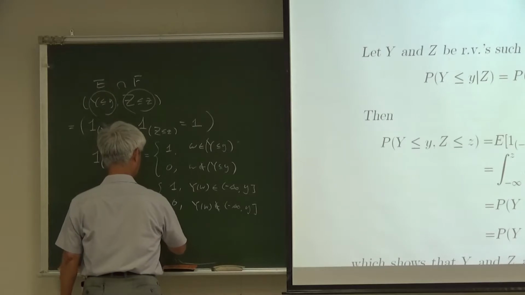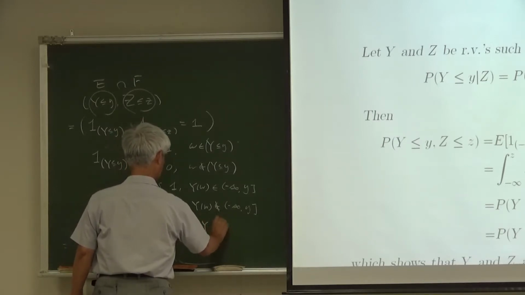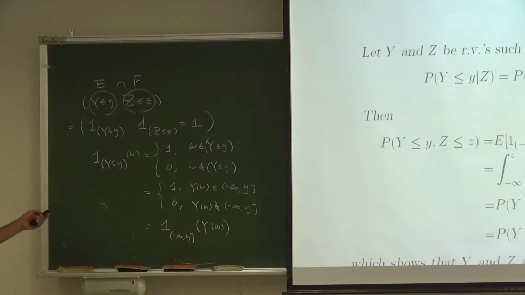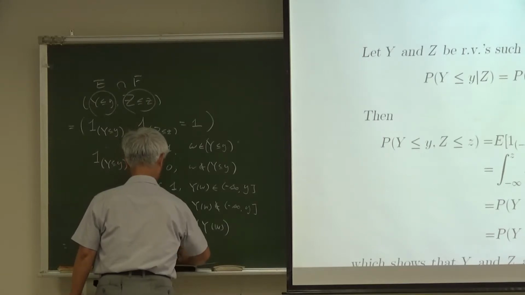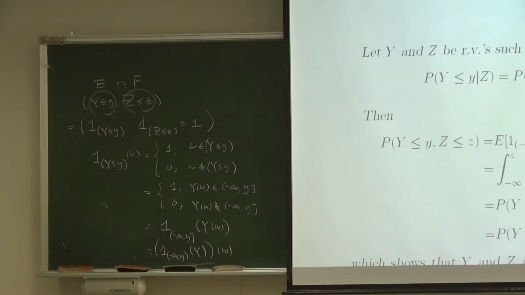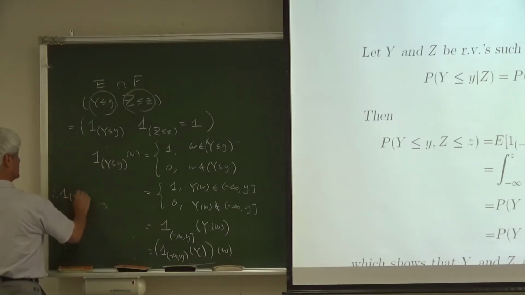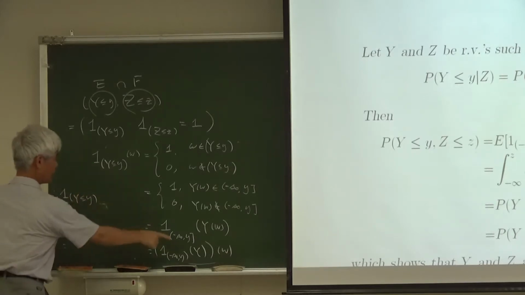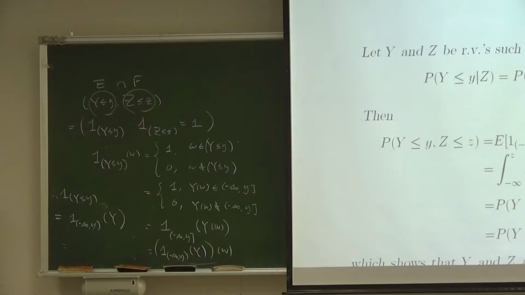This is an indicator. My conclusion is that the indicator of this event is a function of Y.